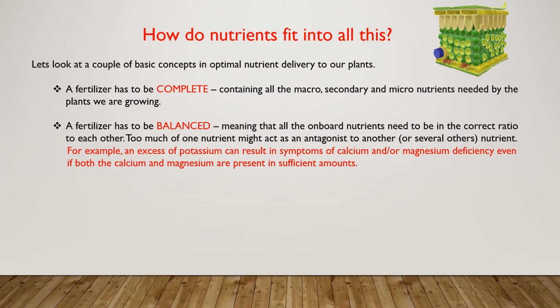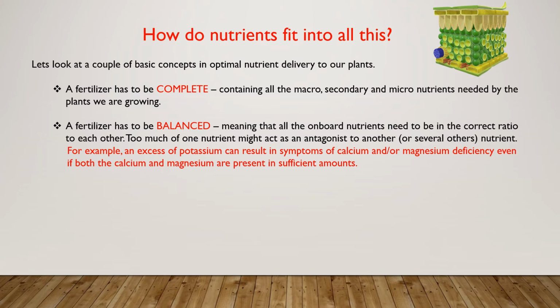For example, if we have a nutrient solution that has too much potassium in it, that excess of potassium can actually result in symptoms of calcium and or magnesium and or nitrogen deficiency in our plants, even if the calcium, magnesium, and nitrogen are present in sufficient amounts. It's the excess of the potassium that actually acts as an antagonist.